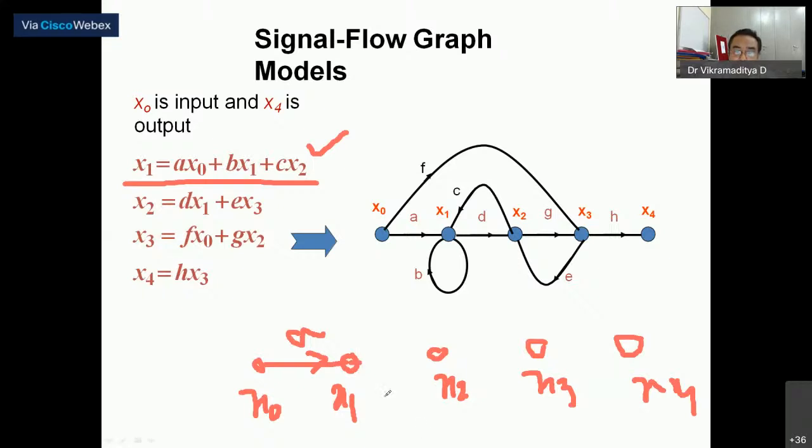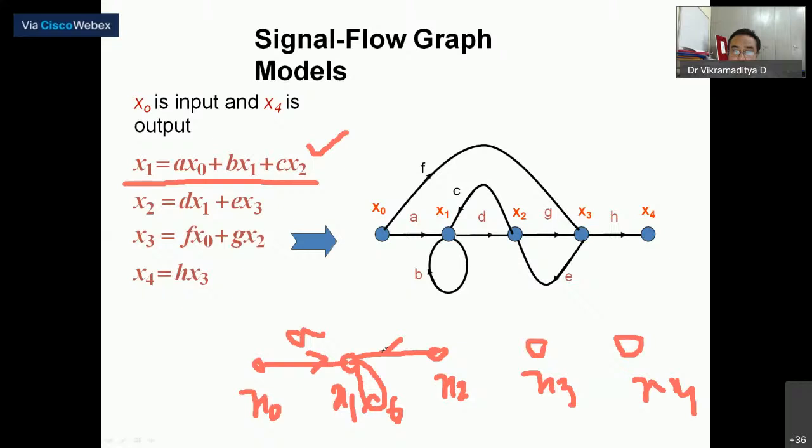So it is basically forming a self loop like this with this arrow sign, and the value of this is b. Then c x2. So an incoming branch is coming from x2 with gain equal to c. C arrow in this direction.